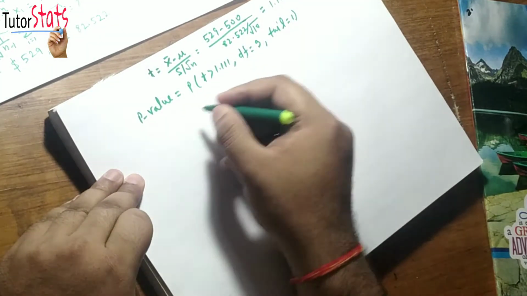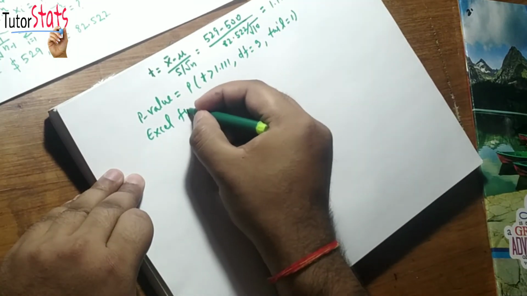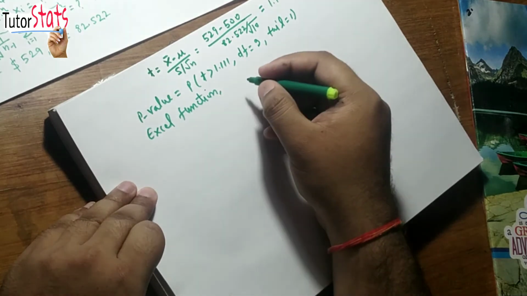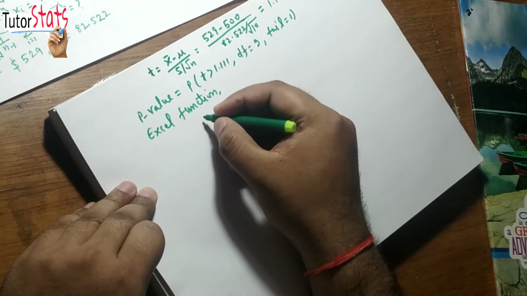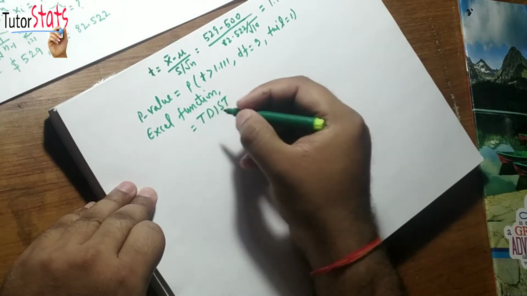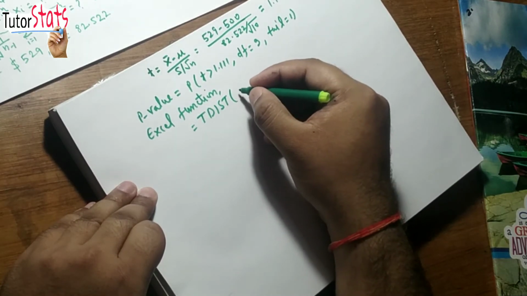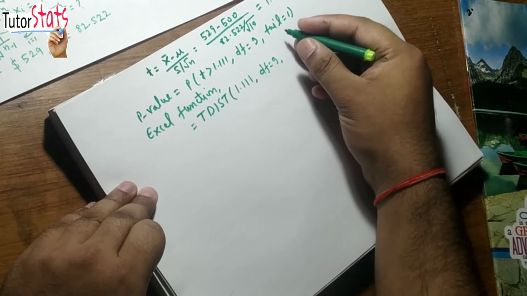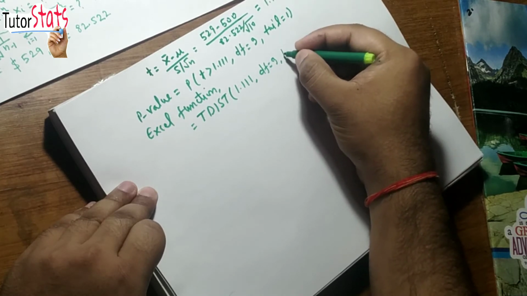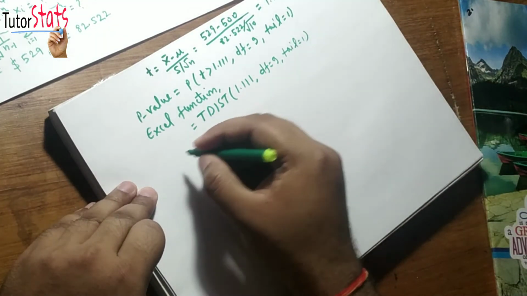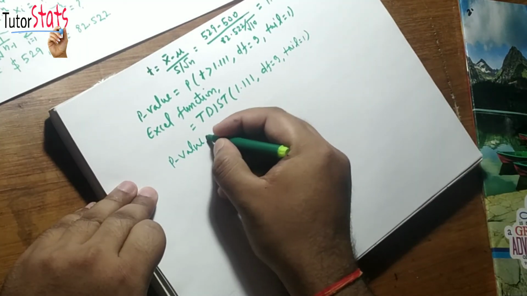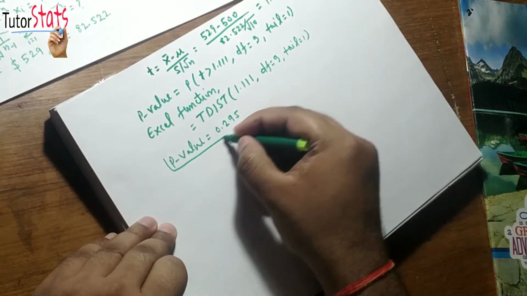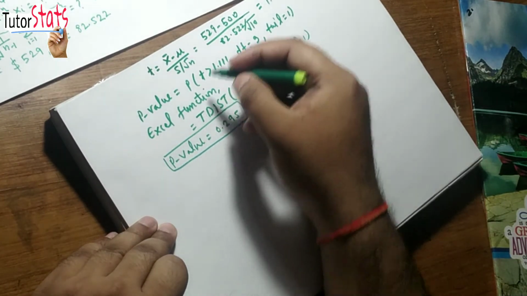By using the Excel function T.DIST, where the first value will be the test statistic value, and then degree of freedom, and the tail is 1, we will get 0.295. This is our p value of this test statistic.